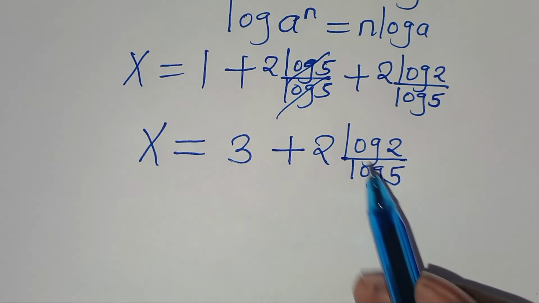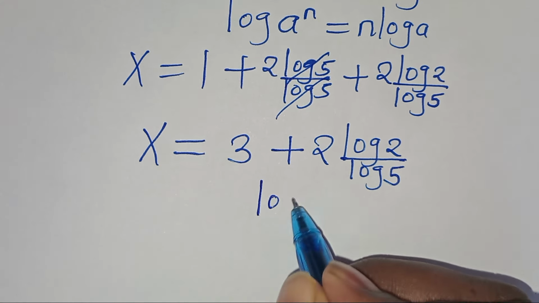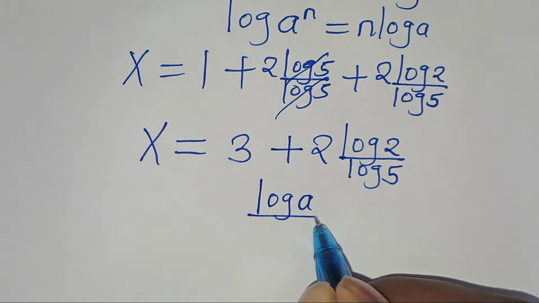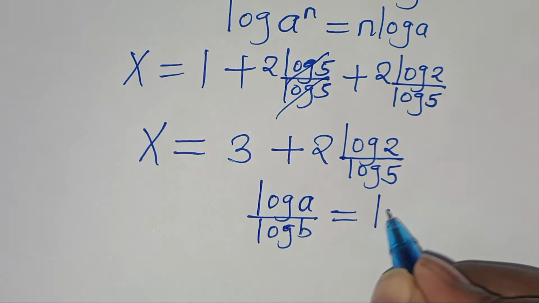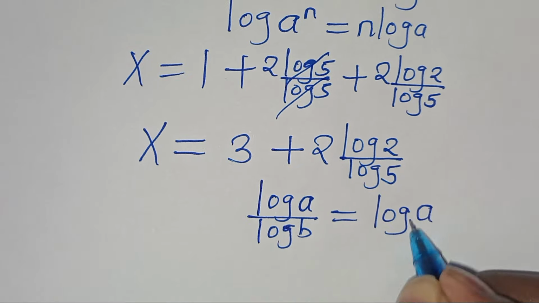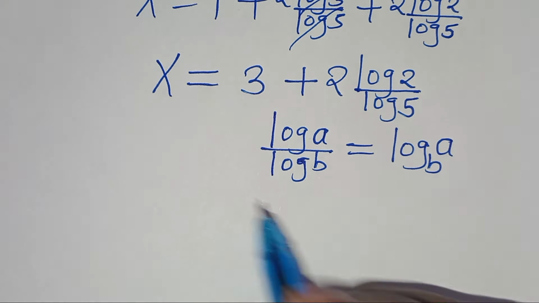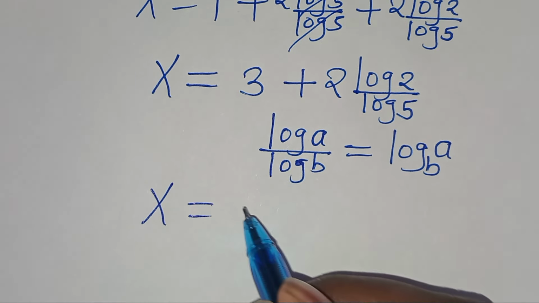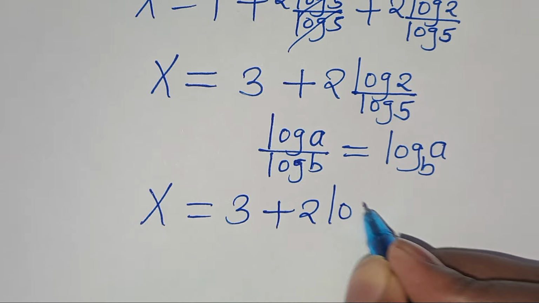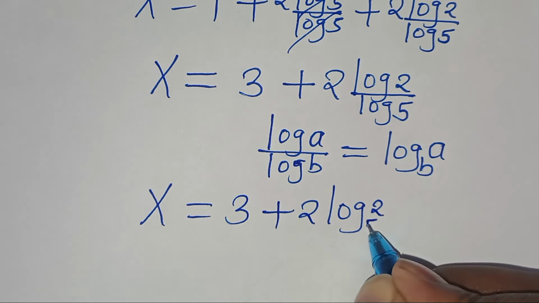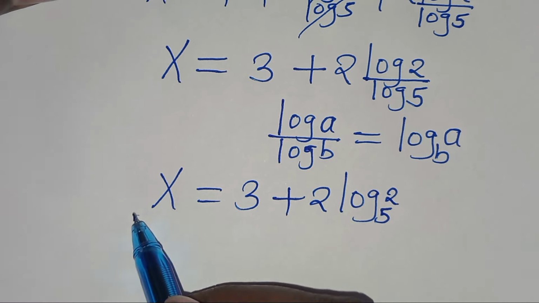Now you find that log 2 divided by log 5 is in the form of log A divided by log B, which we can express as log A to base B. Now applying this logarithm property, then we have x equal to 3 plus 2 log 2 to base 5. So this is the value of x.